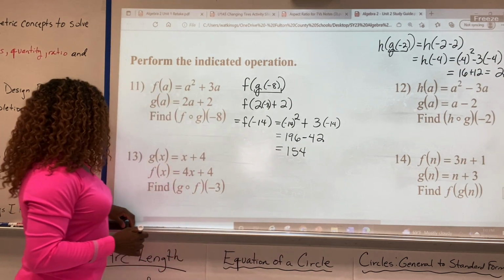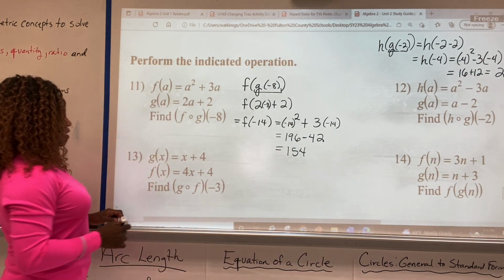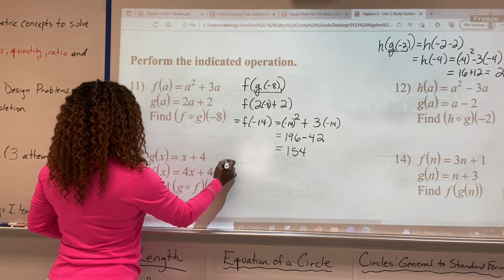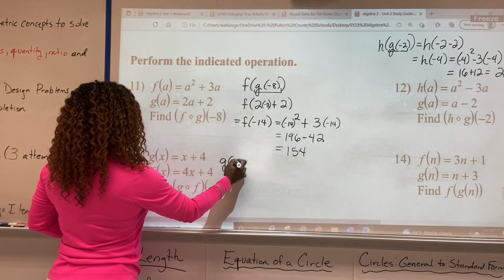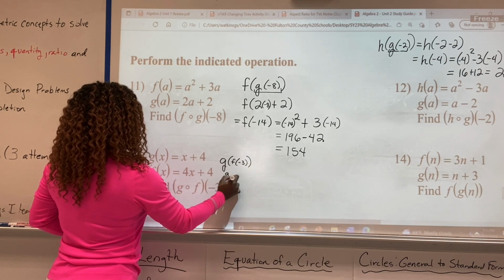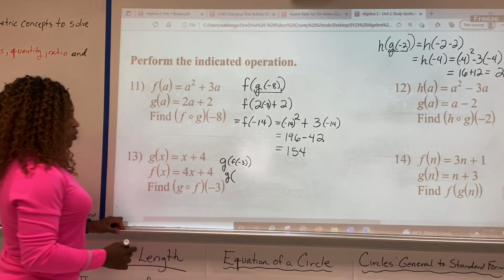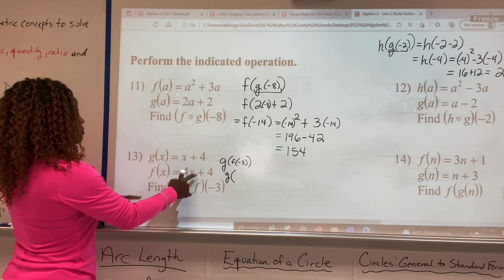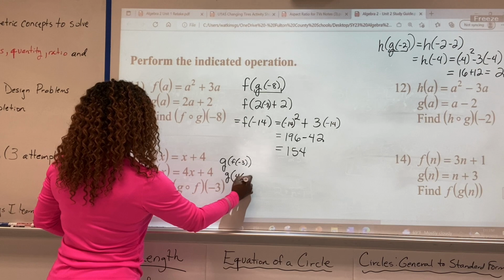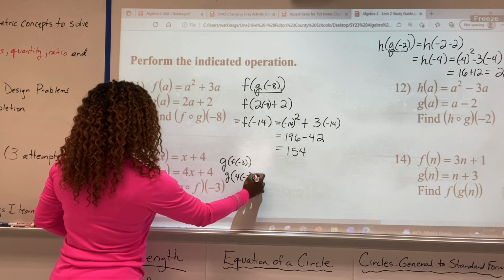Let's look at 13. Same process. Let's rewrite it. They want g composing f, so g of f of -3. Which is g of, let's see, what's the f function? 4x plus 4. I replace the x with -3, so 4 times -3 plus 4.